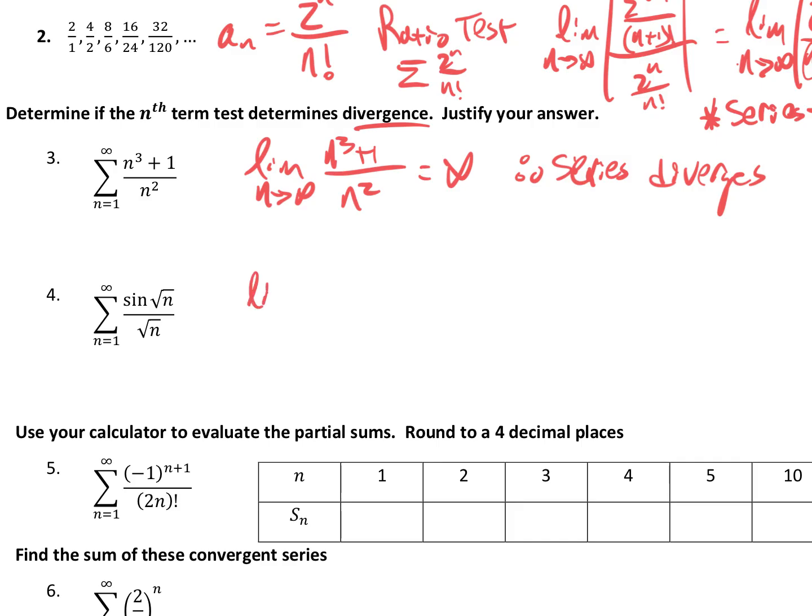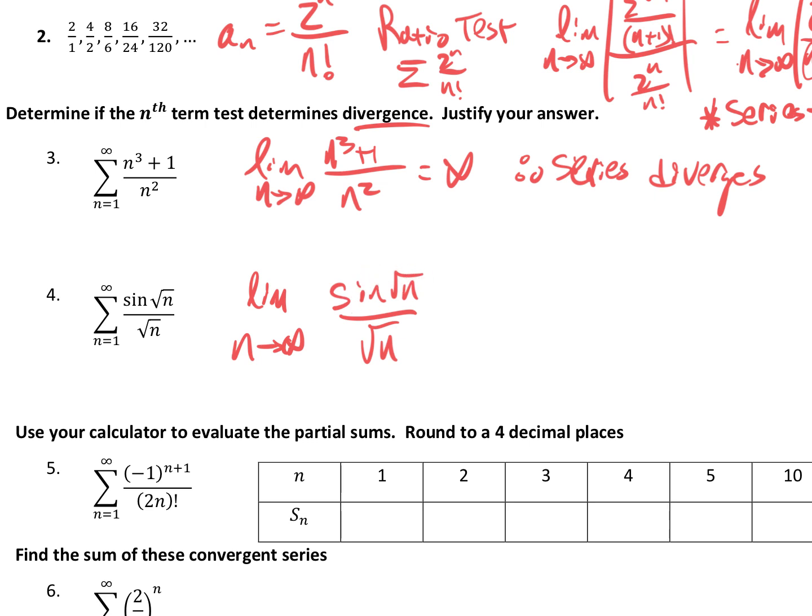Okay. How about this one? Well, what's the limit as n goes to infinity of sine square root of n divided by the square root of n? So let's use the squeeze theorem here. Whenever we have a sine, the squeeze theorem is a good way to go.